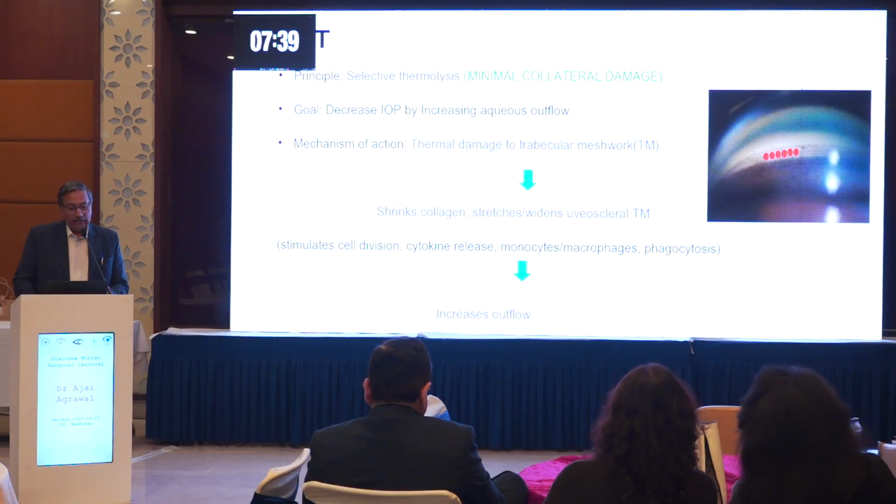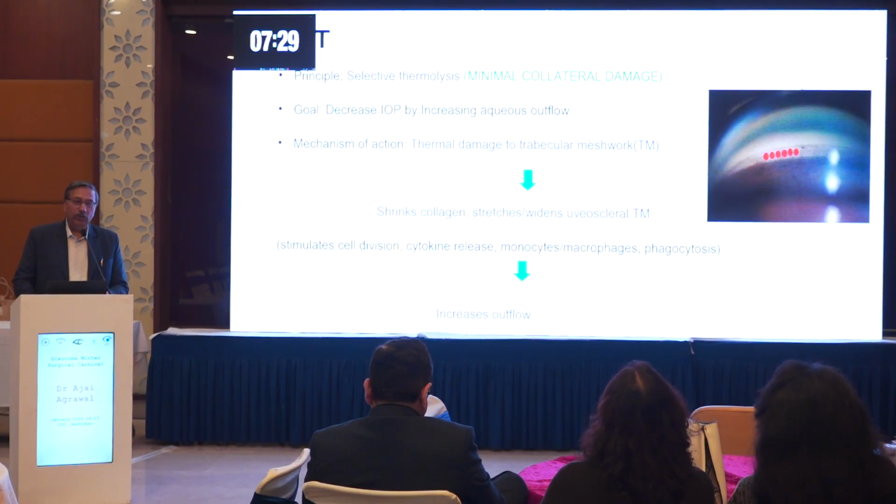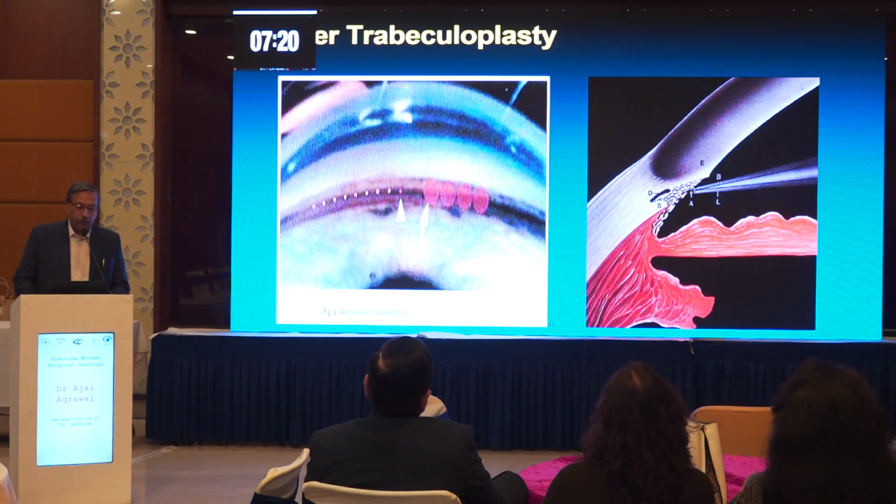What the laser does is it shrinks your collagen, it stretches or widens the uveoscleral trabecular meshwork, and by various processes including release of cytokines and phagocytosis, it increases the outflow of the aqueous. If you see on the left hand side, you have these small spots. These are of ALT, and the bigger ones are of your selective laser trabeculoplasty.